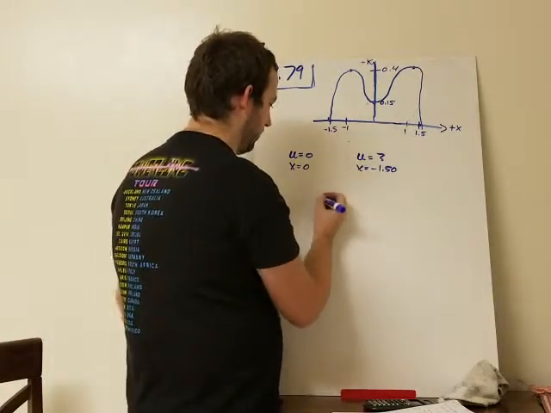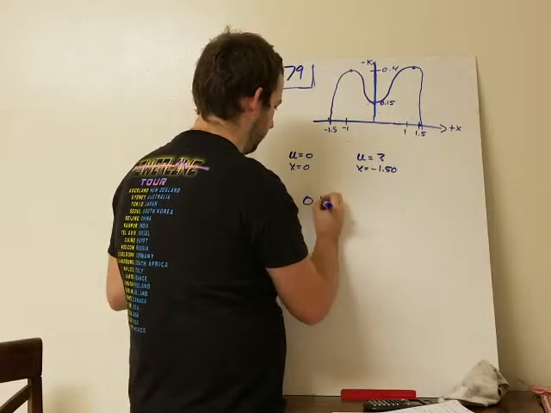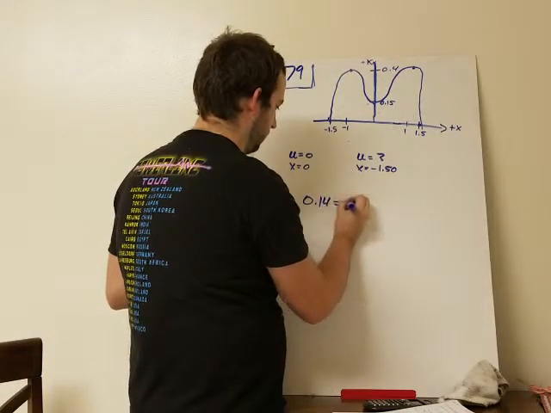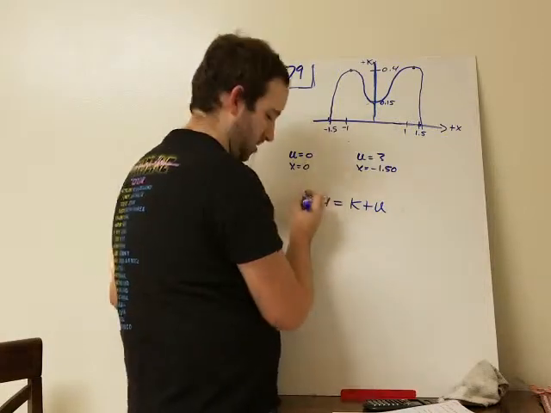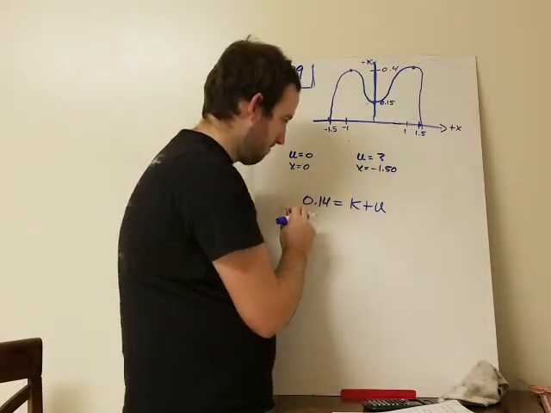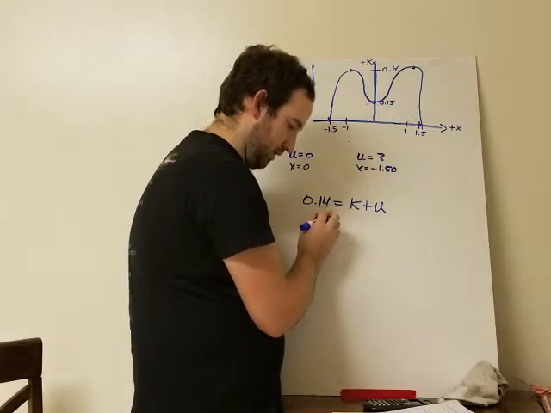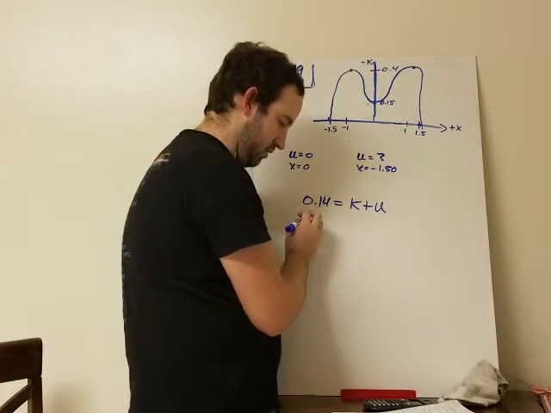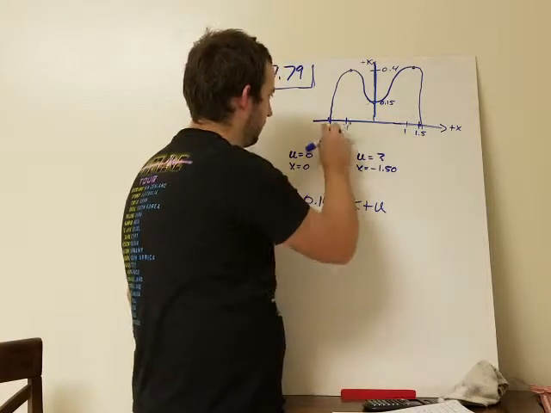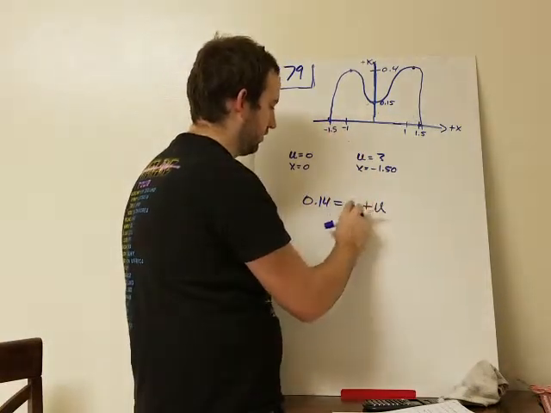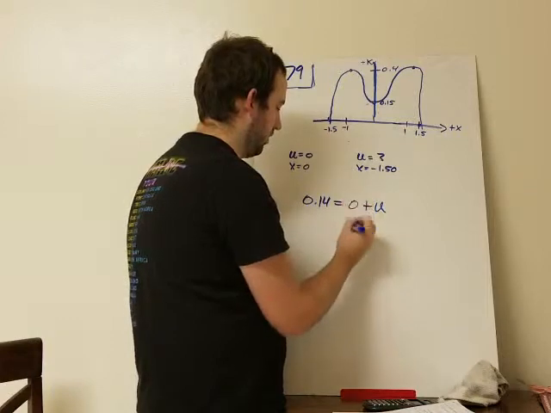So now we can plug that in: 0.14 equals K plus U. At negative 1.5, we know that the kinetic energy is 0, so this equals 0 now.